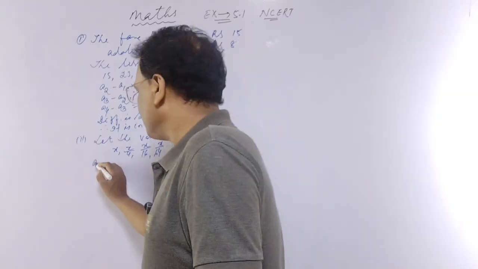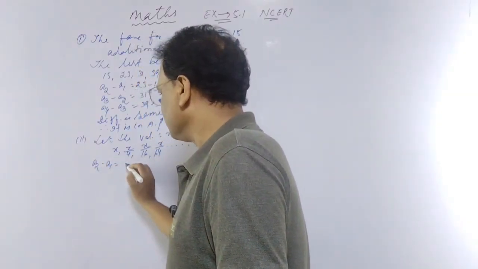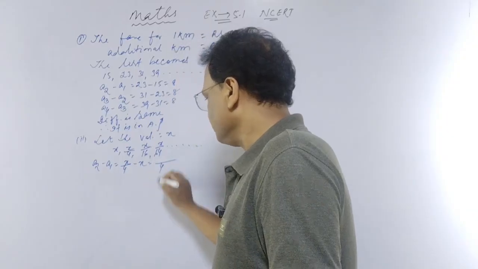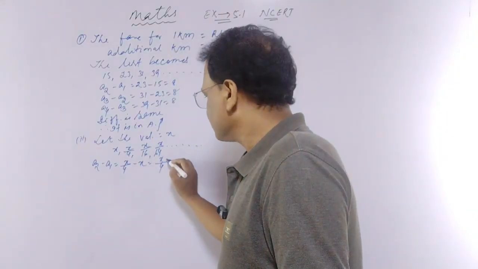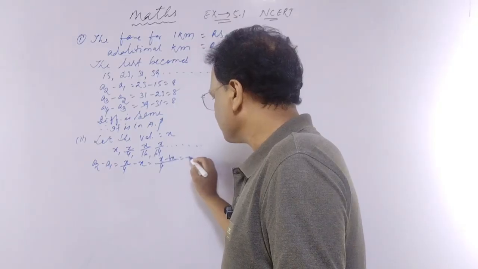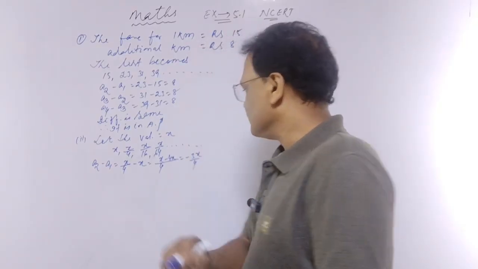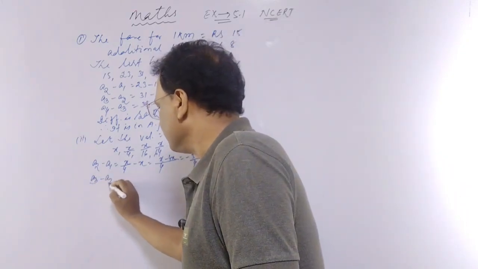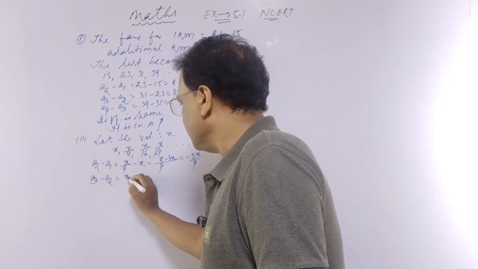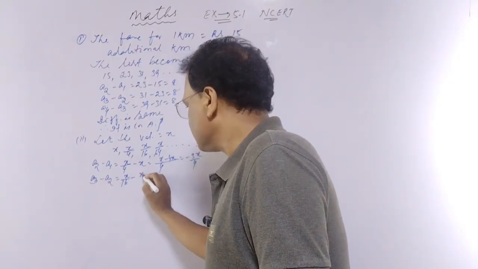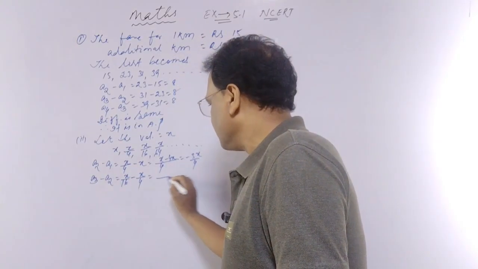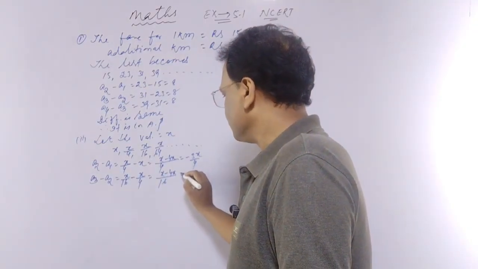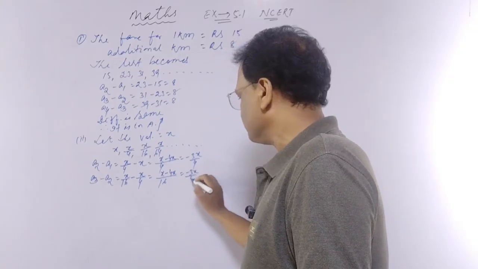Now if I want to find A2 minus A1, my A2 is X by 4 minus X, that means X minus 4X over 4, which equals minus 3X by 4. If I find A3 minus A2, this is X by 16 minus X by 4. If I simplify, I get X minus 4X, which again gives minus 3X by 4.